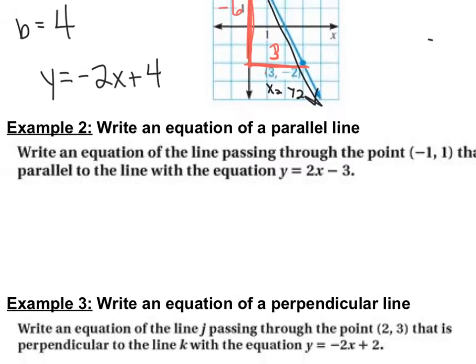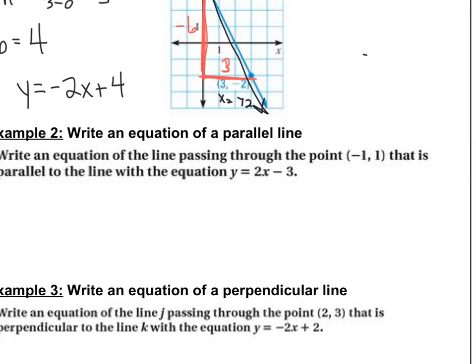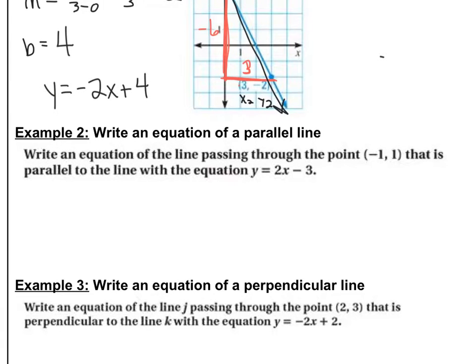So let's talk about what if we wanted to write an equation of a line that's parallel to this line. Remember, parallel lines have the same slope. So write an equation of the line that passes through the point negative 1, 1 that is parallel to the line with the equation y equals 2x minus 3.